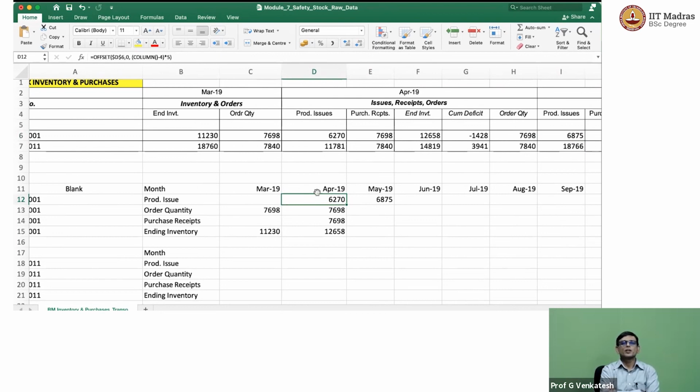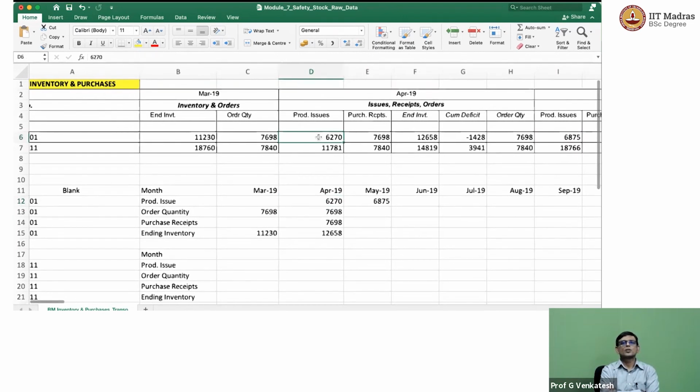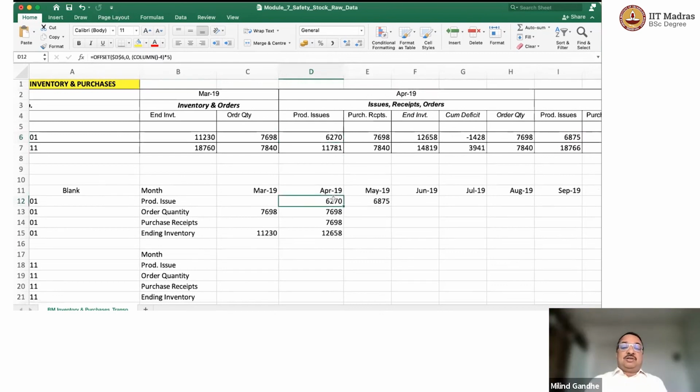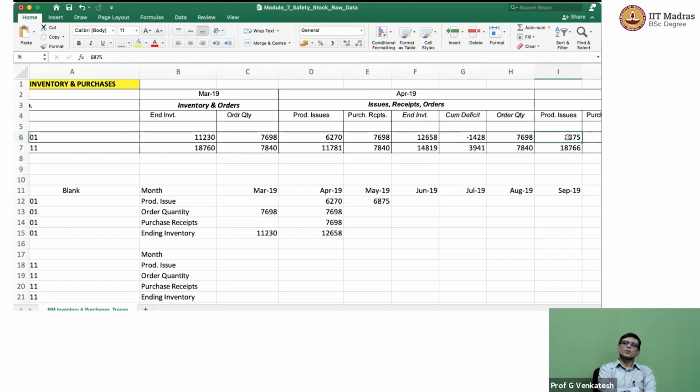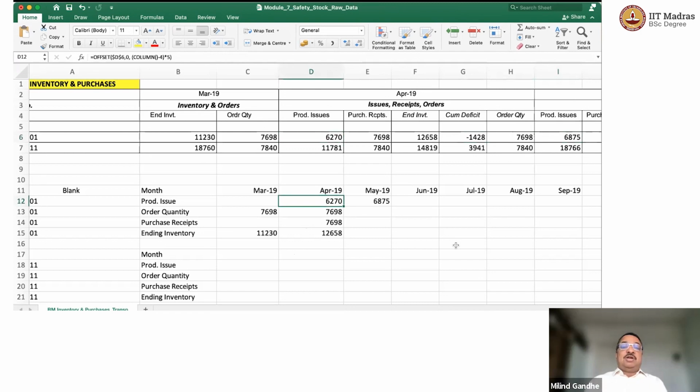Column is A, B, C, D. Because this was column 4, where I'm copying is in column 4. So right now I want to look at cell D6. The next cell I want to look at is I6. So when I wanted to populate D12, I wanted to look at D6.